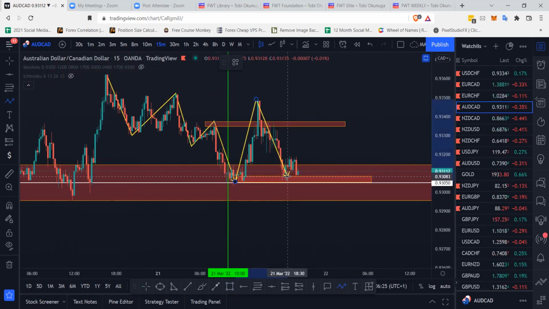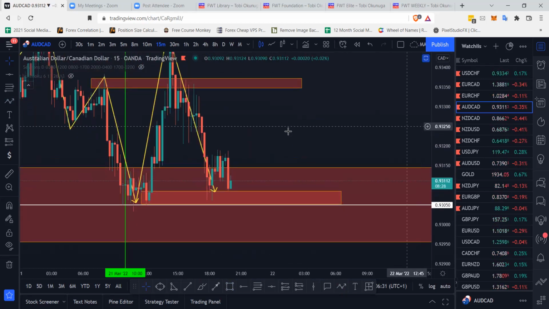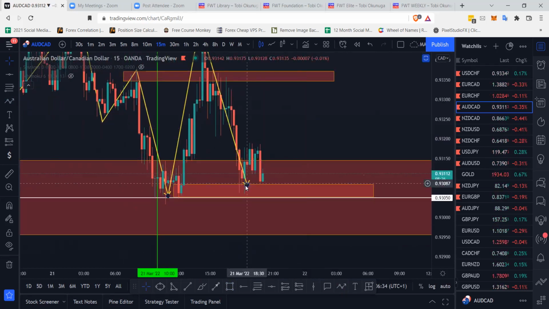So this is where we should have taken entry here. Okay, and then you can see the move here. But like I always tell us, a lot of times when you set up your lines on Monday, there's always going to be, more often than not, a retracement back for you to enter.